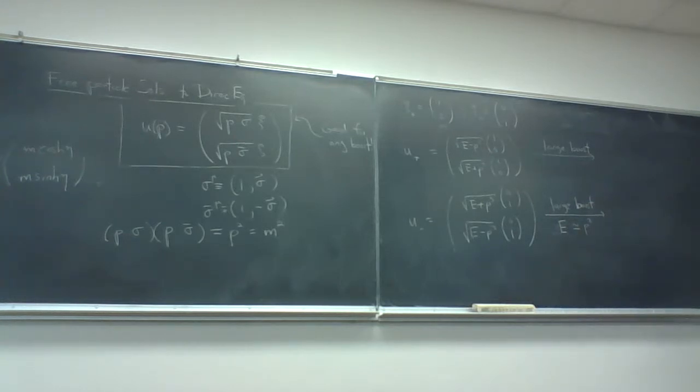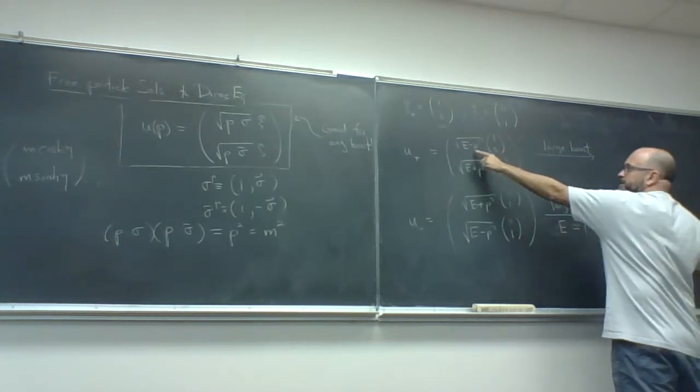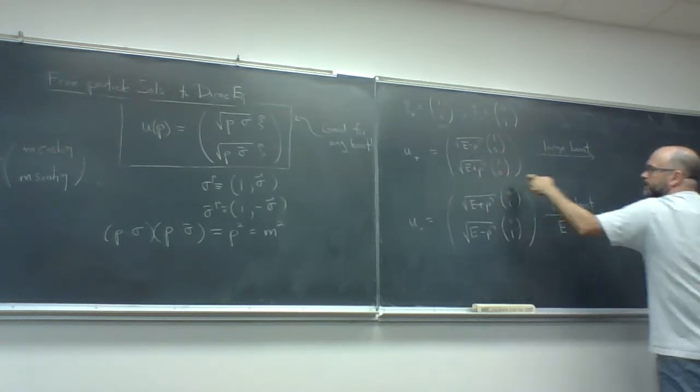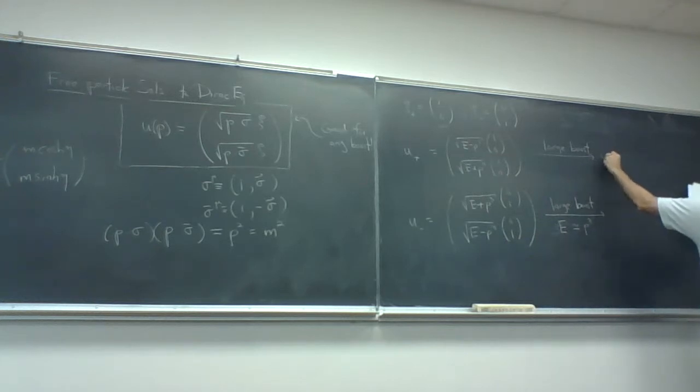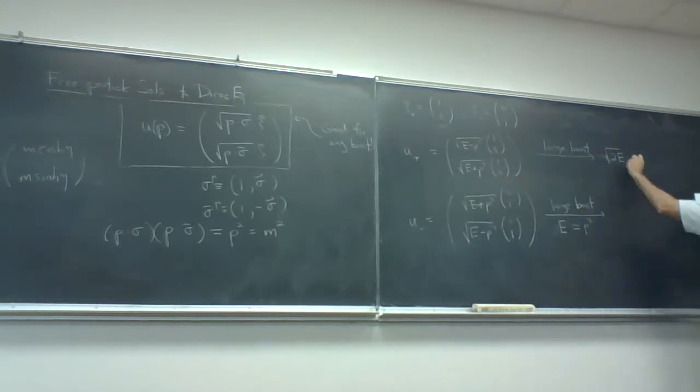Somebody say yes. Yes. Okay, thank you. All right. So what happens in this case? Well, under these large boosts, this guy is going to go to 0, and so U is going to end up as something like square root 2E, because P3 is approximately E in the ultra-relativistic limit, and we get a big fat 0 up here, and here we get the 1, 0. And this guy becomes 2E, but in this case, it's spin down.